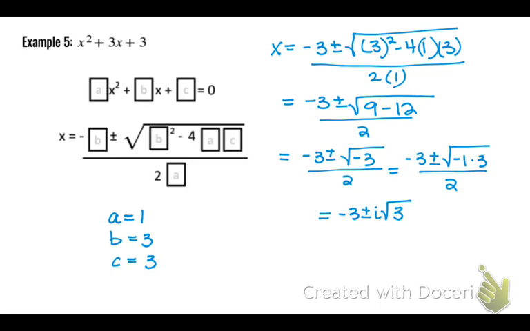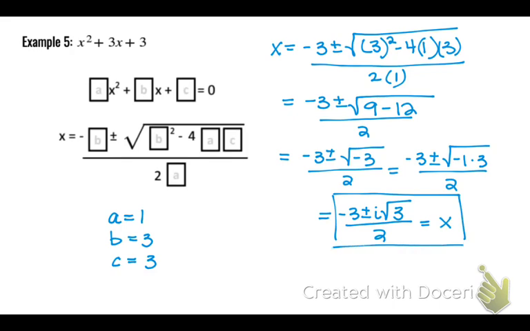If it had been a bigger number, we would have also brought that to the outside of the radical. And then you simplify the fraction the same way. We would have to check and see if there's other numbers that can be simplified. But negative 3 and 2 is the most simplified answer.